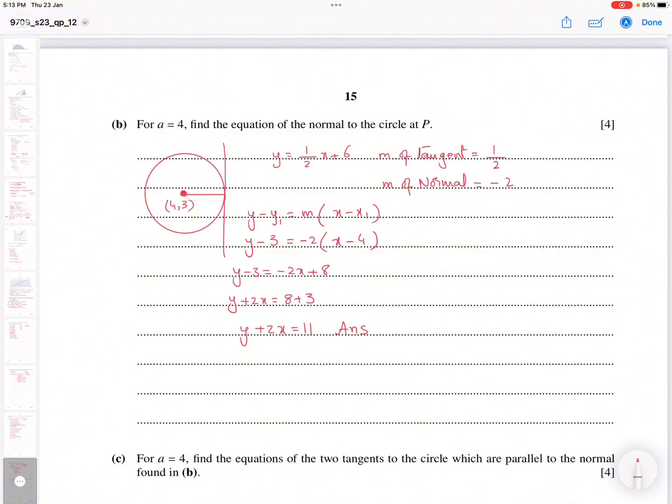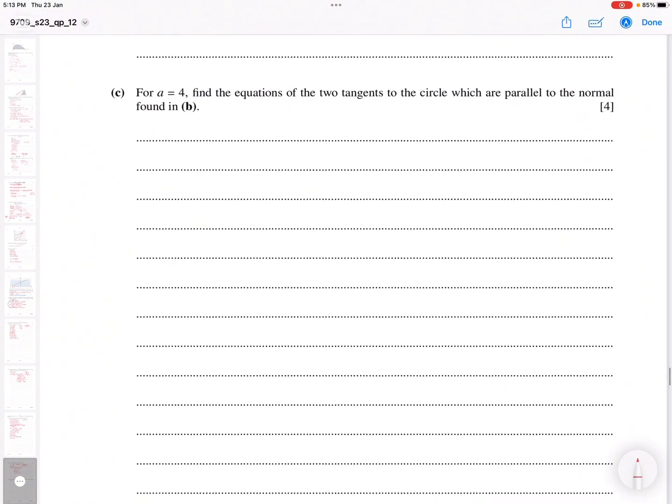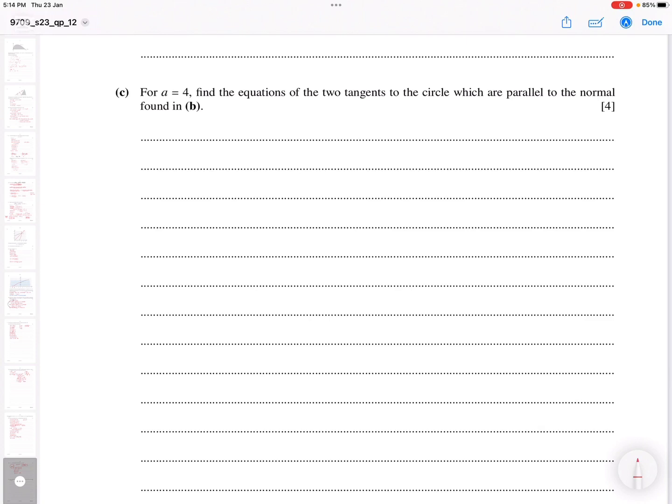Your part C, for a equals 4, find the equations of two tangents to the circle which are parallel to the normal found in B. So let me make a small diagram for the concept. Suppose this was our tangent, radius, and this was our tangent here. So this is our normal to the tangent, this is the tangent to the circle.